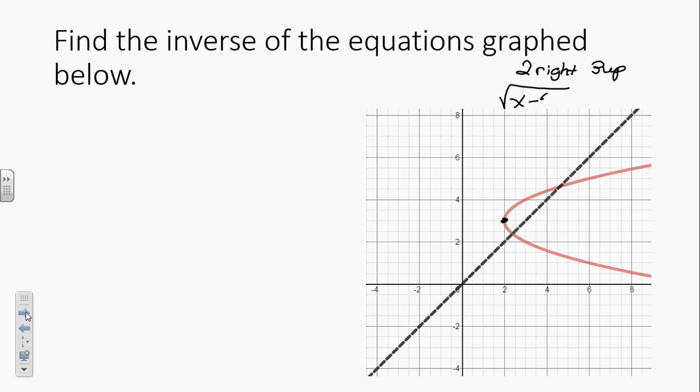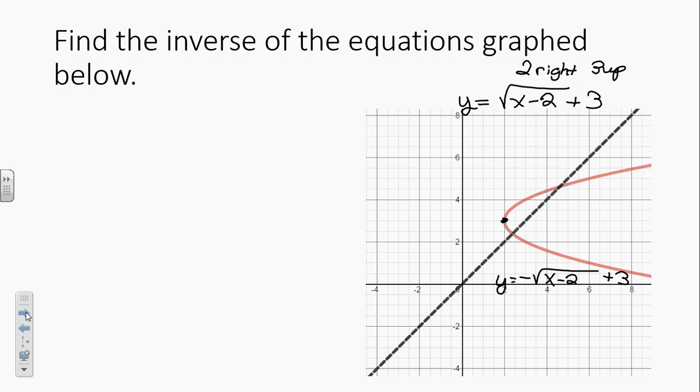Negative under there, so minus 2. How do I make it go 3 up? Plus 3. Okay? So there's our square root function. And then this is the same thing, only it's y equals the negative square root of x minus 2 plus 3. Flips it. Okay?